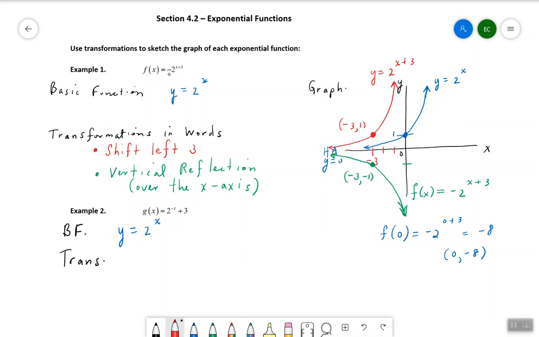In the first example, we did it outside. So in example 2, multiplication by -1 inside the basic function is going to be a horizontal reflection. So we're going to start with a horizontal reflection.